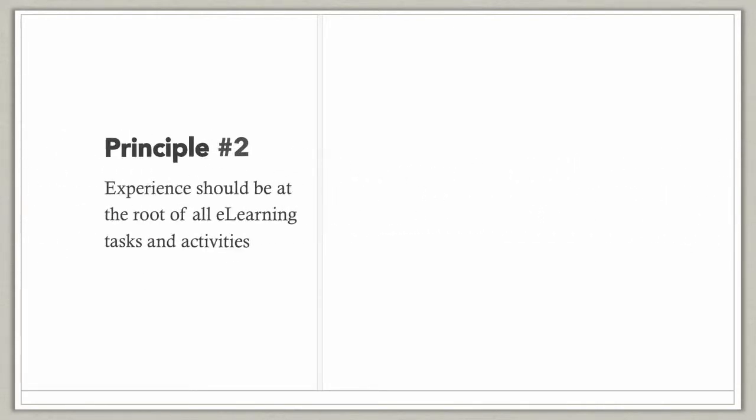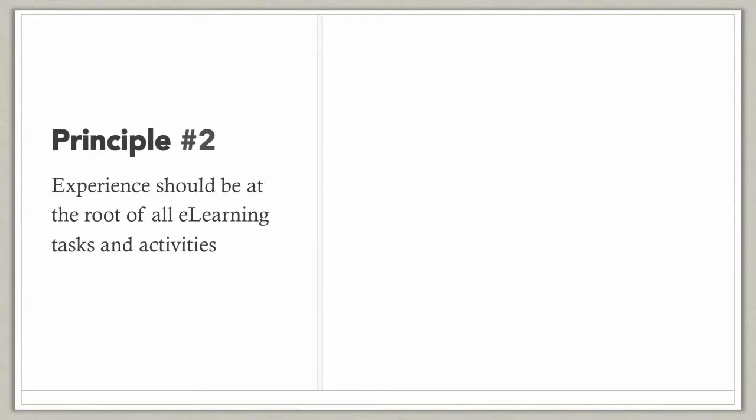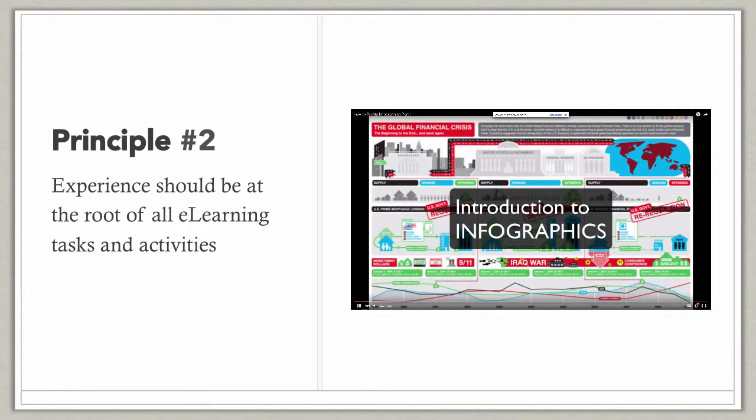Principle number 2. Experience should be at the root of all e-learning tasks and activities. What matters most in regards to adult education isn't the end result, but the e-learning experience that is gathered through instruction and activities. Rather than offering memorization tasks, create projects and exercises that encourage adult learners to go out and explore the subject matter, thereby gaining experience.